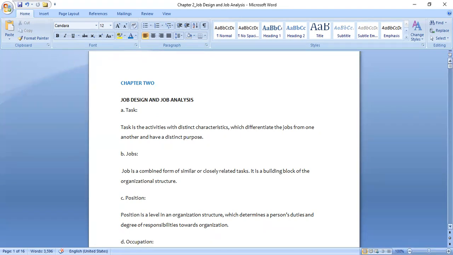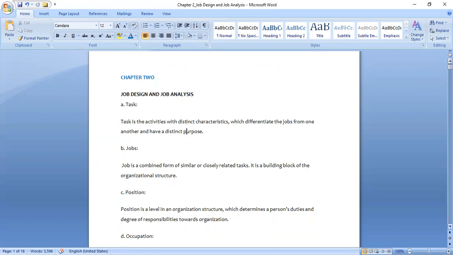We have a task. A task basically refers to the activities with distinct characteristics, and these activities are specified under a particular job. So a task is basically an activity, and a job has tasks.